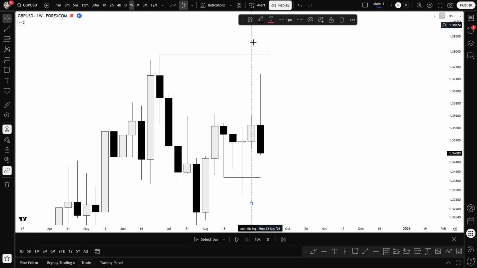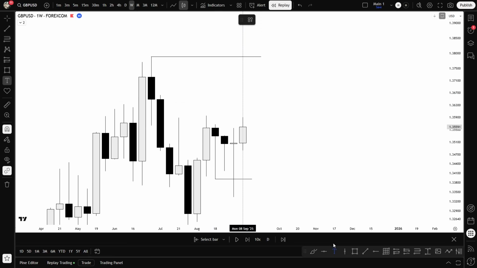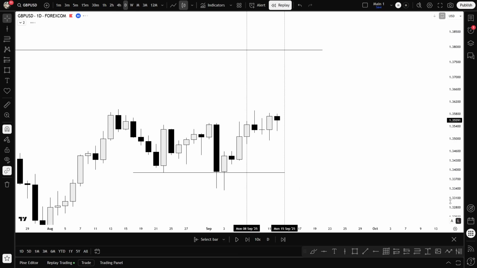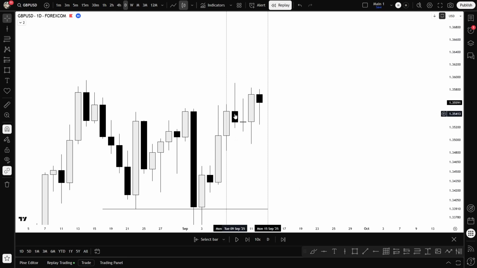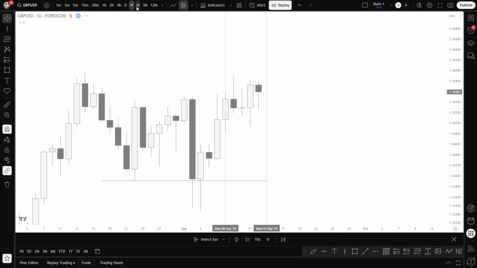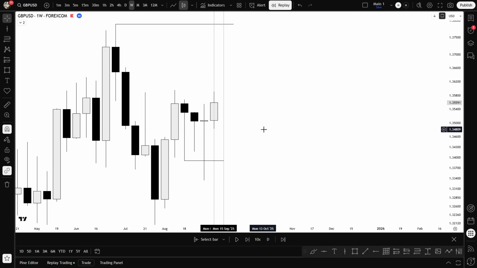Now we go to the weekly. Let me go back and focus on what happens this week. So once we expect a weekly expansion, we now go to daily, right? And at the same time, something to mention: we need to monitor both pairs, right? So if we're looking at GBP/USD, we need to take a look at what is happening at the EU, right?